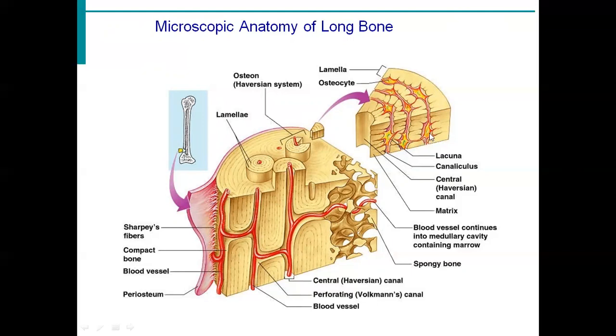Two osteocyte cells are connected together using a stretch of canaliculus. In plural, it is called canaliculi. Therefore, osteocytes are connected together to form a fibrous network-like structure.